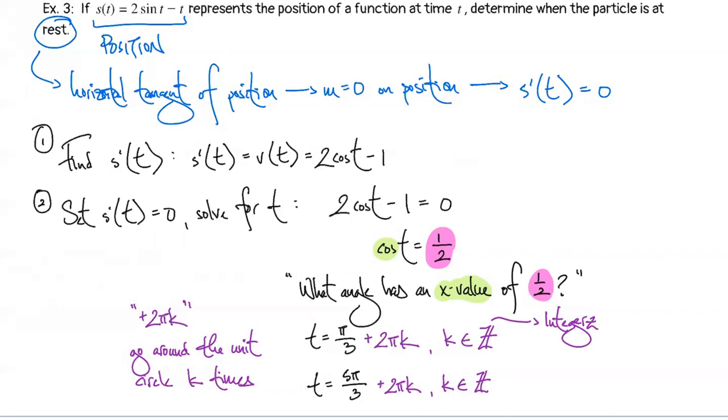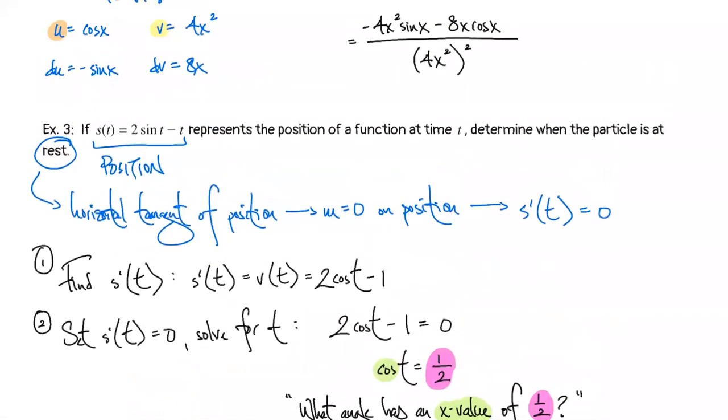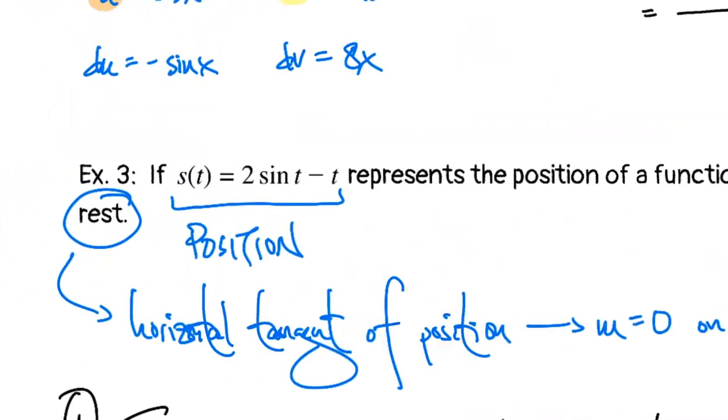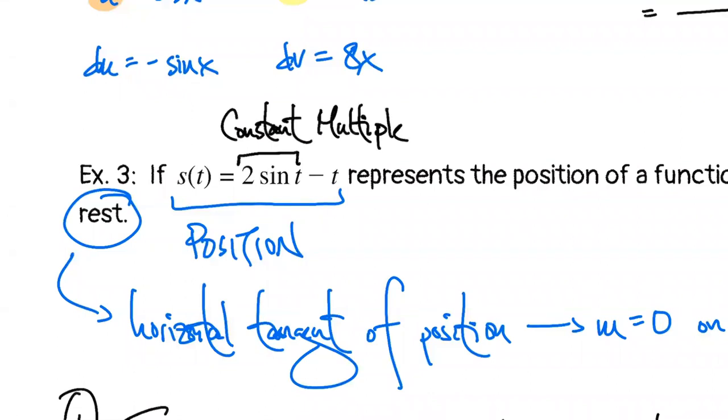Why did the 2 not go to a 0? Okay, so let's go back and unpack this because I think this is actually a very common misunderstanding. If I were to think about the rule I want to use here, this is the constant multiple rule, right?